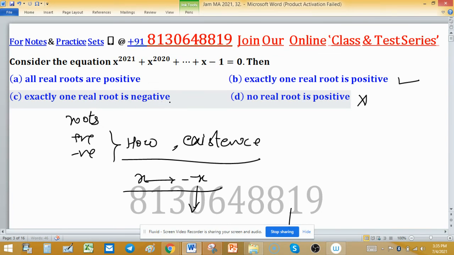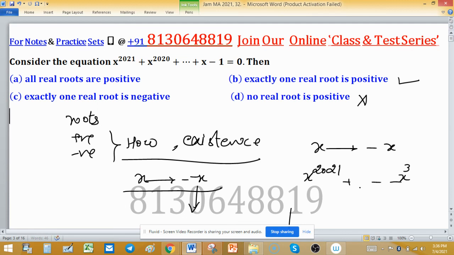Solving this, exactly one real root is negative, we apply Descartes' rule. After transforming x to minus x, up to x to the power 2021 and so on up to x to the power 3, there are 20 terms.